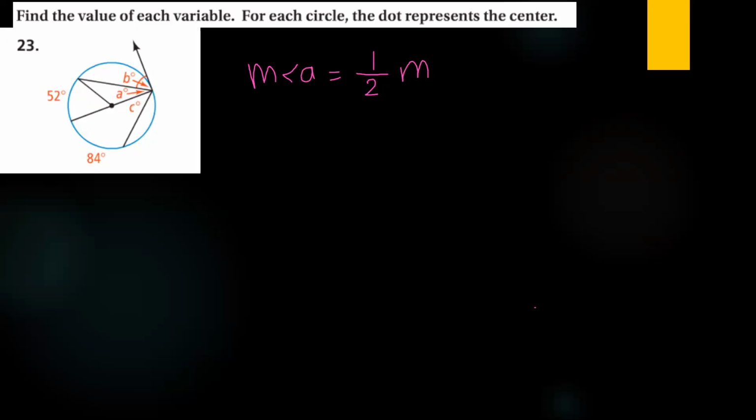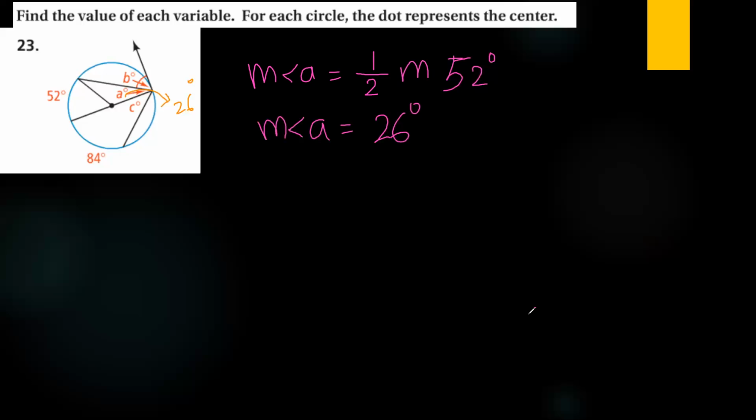Where is the intercepted arc of A? 52. So now we can find the measure of A. Half of 52 is 26 degrees. So we find that this is 26 degrees.